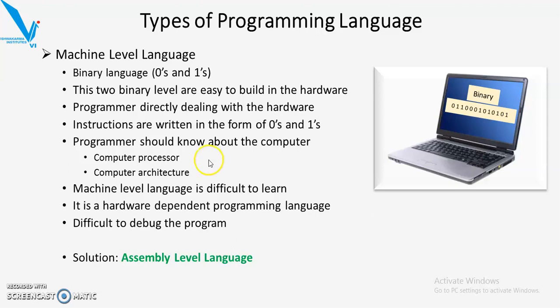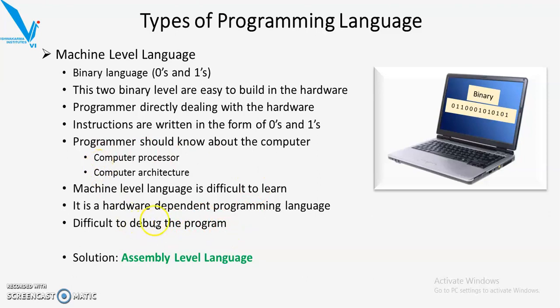Programmers should know everything about the computer processor, computer architecture. And hence machine language is difficult to learn, as it is a hardware dependent programming language. It is difficult to debug the program.